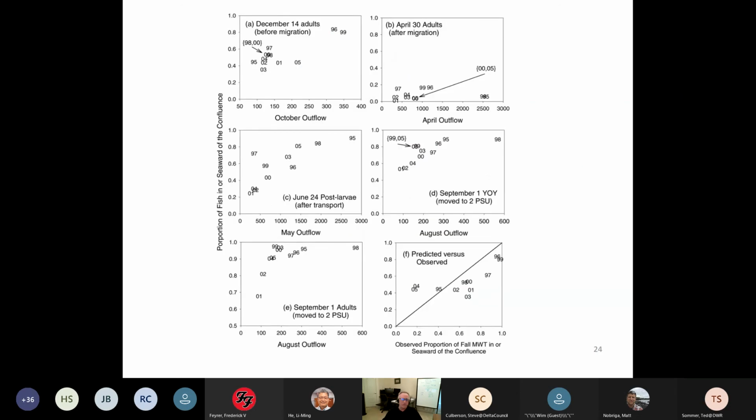I have. We can also do things like look at different outflow values and say what proportion of them are seaward of the confluence by year for different life stages. And the bottom right is actually the observed proportion of the fall midwater trawl seaward, and we did the same calculation in the model.